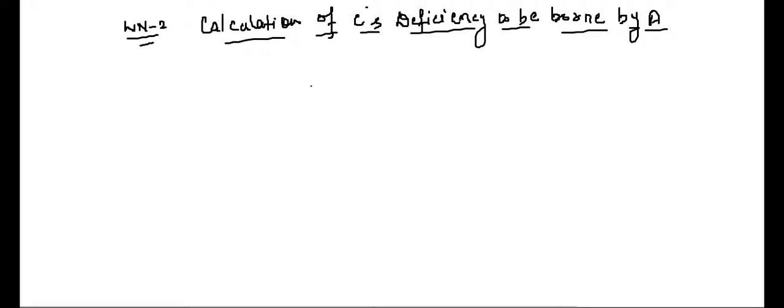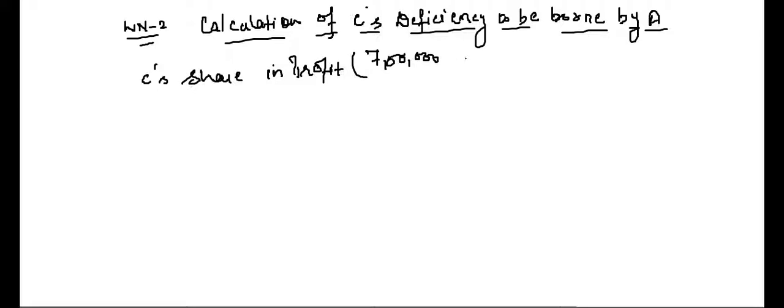Let's see. What is C's share in profit? Profit is 7 lakh. What is C's share? 2 by 10. This comes to 1,40,000.